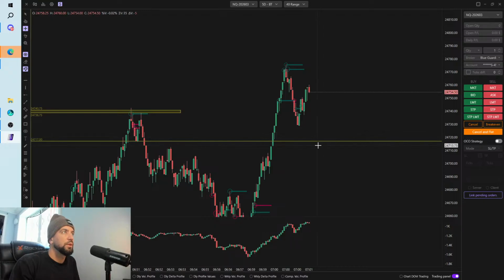This is the top of the 15-minute range value high. Let's see what happens when it comes back and retests this. You could have taken a buy here, but oh wow, huge sells.